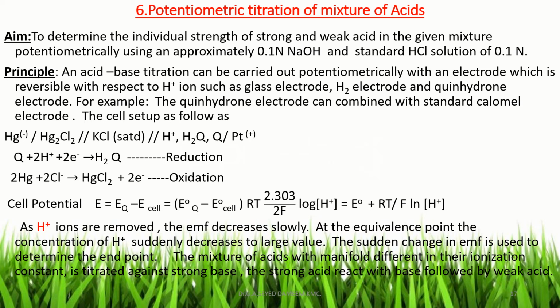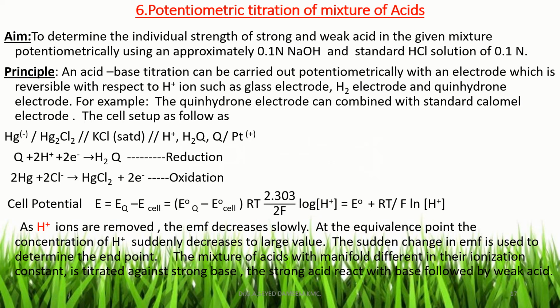The aim of the experiment is to determine the individual strength of strong acid and weak acid in the given mixture potentiometrically using approximately 0.1 N sodium hydroxide, which is standardized using standard 0.1 N HCl solution potentiometrically.